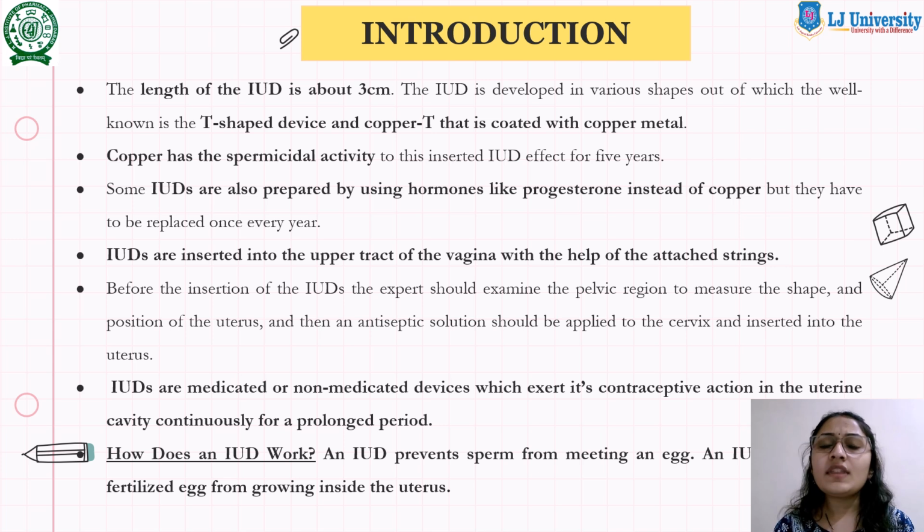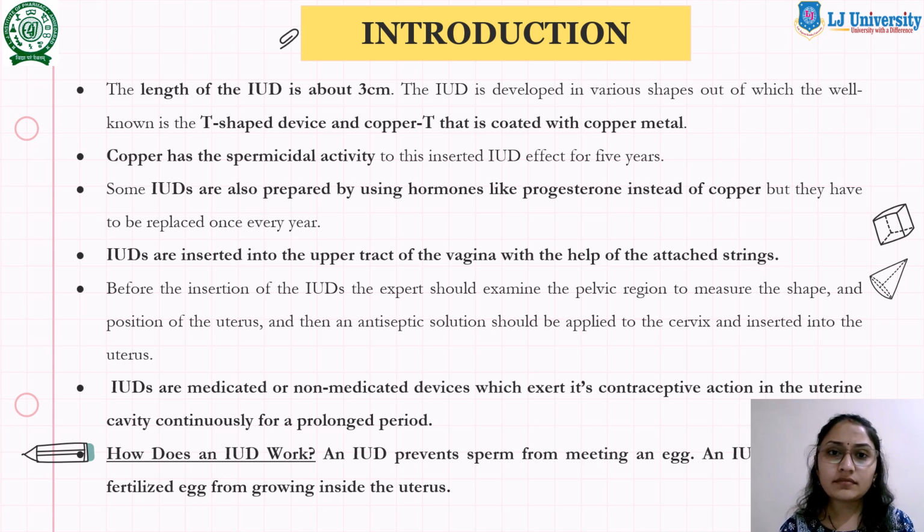Further, talking about the shape, as we have seen, the uterus is a pear shaped organ, right? That means we have to select a shape of the device which can be easily fitted into the uterus. So what shape is available in the market? A T shaped device is already available in the market.